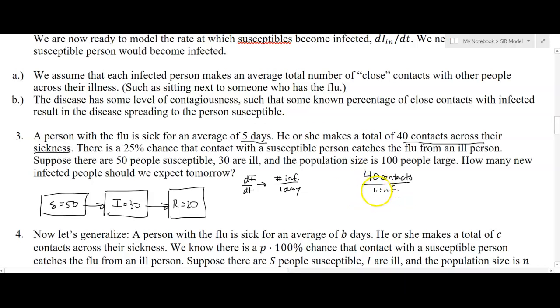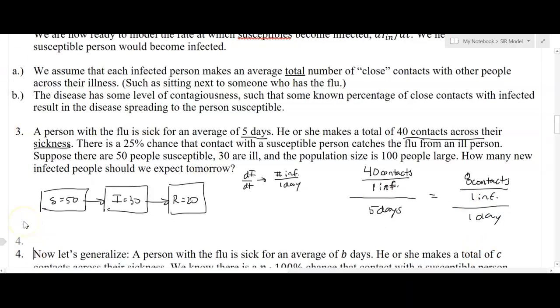Okay, so 1 infected, and we need to divide that by 5 days, which will leave us with 8 contacts per 1 infected per 1 day.